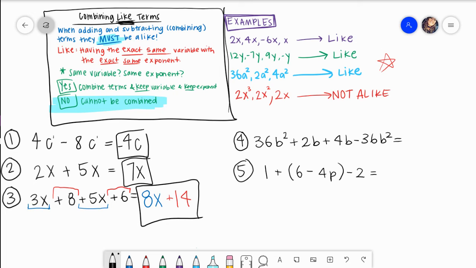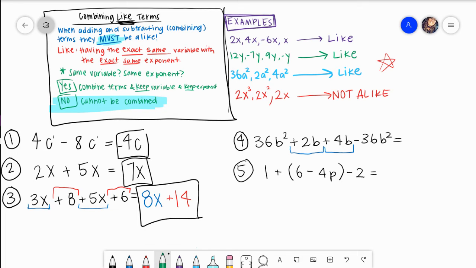Okay, so I did this one just because I was hoping that you would actually recall what we did in the previous section. If you look, let's go ahead and ask myself my questions. Same variable, same exponent. Well, I do notice that this positive 2b and this positive 4b have the same variable and the same exponent. So I can actually perform my math there, right?